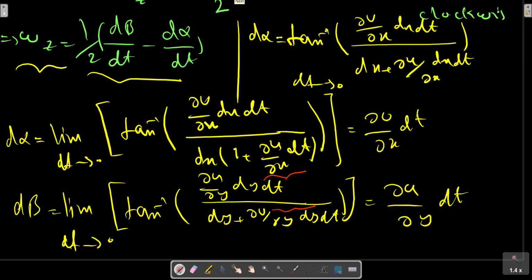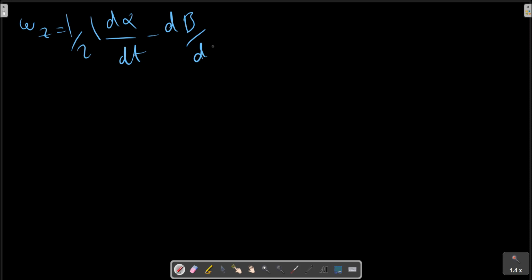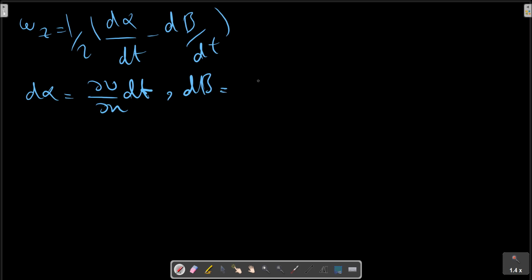Let me write in the next page. Omega z equals half of, and we have d alpha equals to, and d beta equals to.